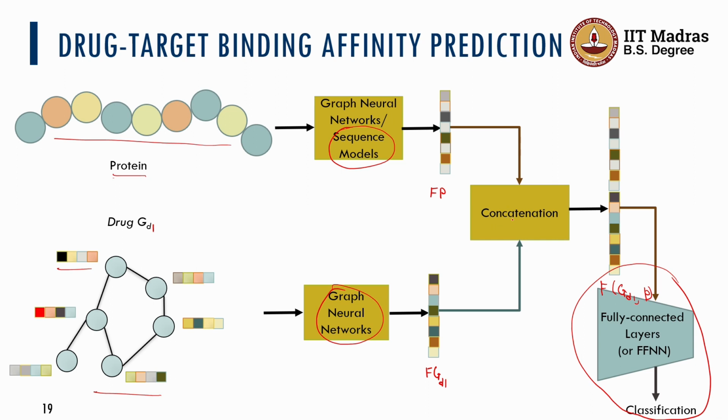Unlike the merging operation, which can be done in different ways, concatenation is a commonly used operation when we want to merge two features and create a global feature for interactions.